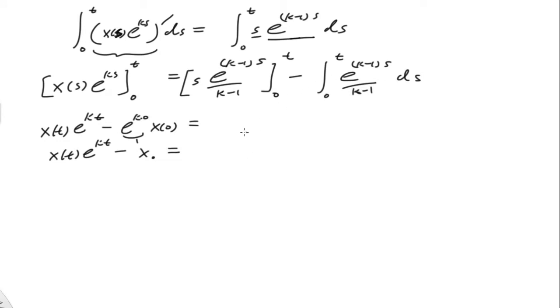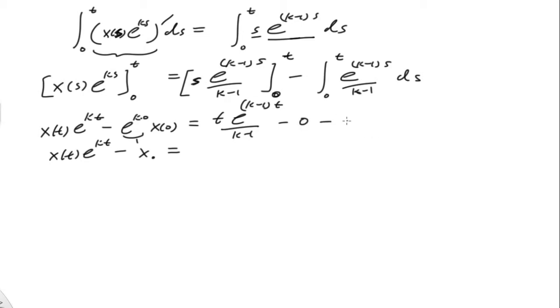And now we can continue on here evaluating. What we have here is I have to evaluate now at the limits of integration. t e^((k-1)t) all over k-1, minus, and now when we evaluate at 0, we see because there's an s there, it just goes to 0.